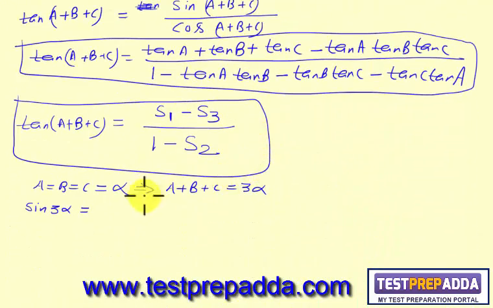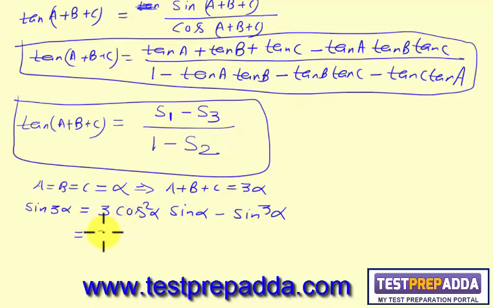So I get here 3 cos square alpha sin alpha minus sin cube alpha. As you know, cos square alpha is what? 1 minus sin square alpha.